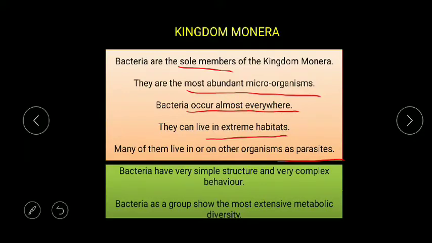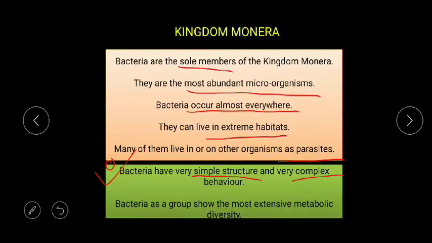Now we are going to study structure in detail, so we will think that it is a little bit complex, but by comparing with the eukaryotes, we will find that bacteria have a very simple structure and a very complex behavior. And this is one of the important questions, because in NEET they have asked this question in the form of a blank.